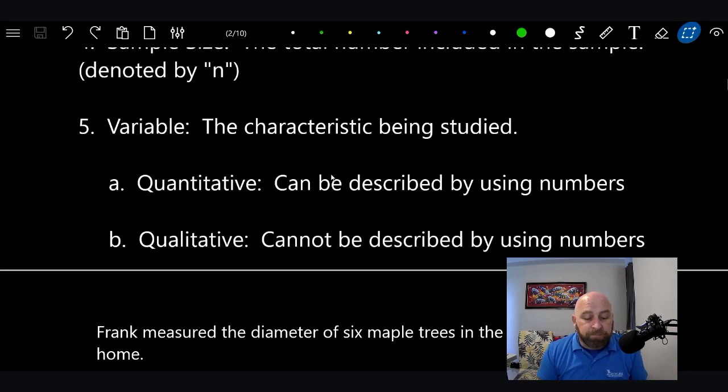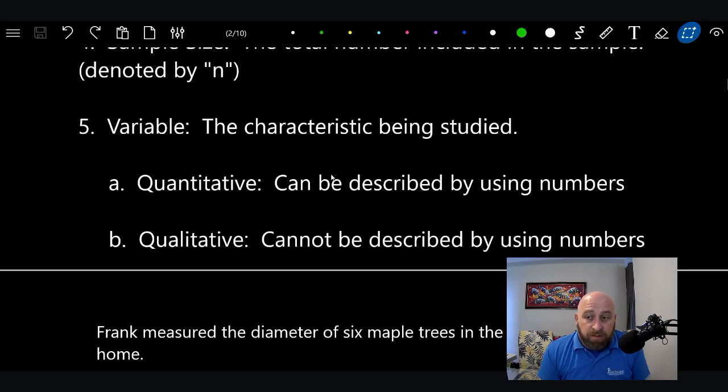So in A, you have quantitative variables. Those are variables that are described using numbers. You're talking about just numerical information. Qualitative variables are variables that you cannot use numbers to describe. Like I can't use a number to describe a blue shirt. It's blue.